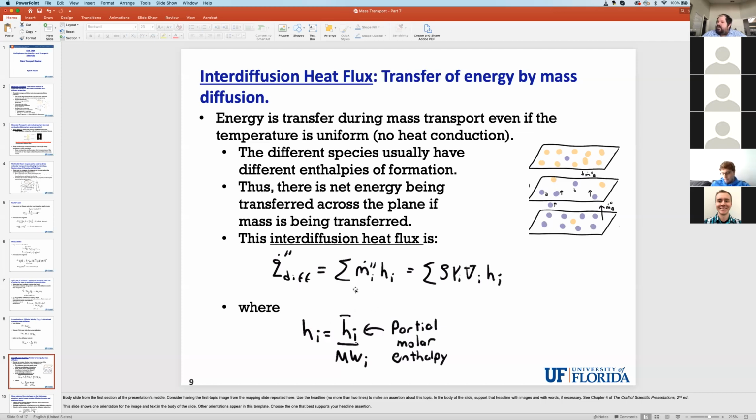It's a mistake that is more common than it should be. Very commonly this term will not be written in this form, but you'll directly use the diffusion velocity, and it will be written as the sum of Yi Vi times hi, where again hi is related to the partial molar enthalpy. Are there any questions here?